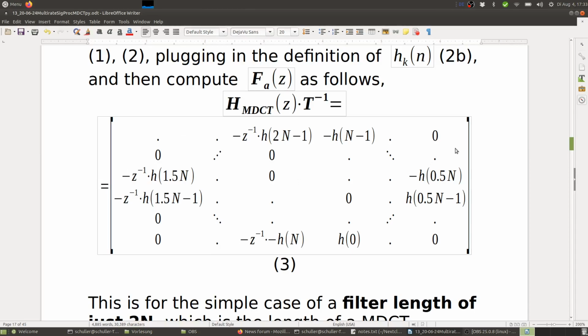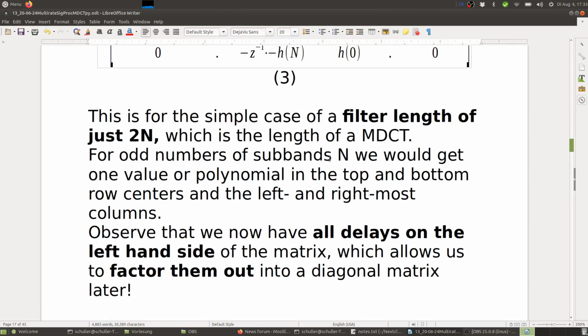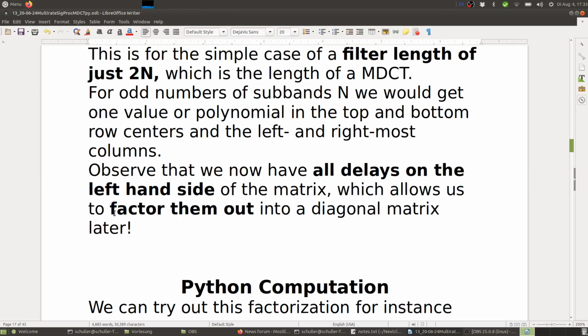Right? We just have a diagonal matrix on the right-hand side which has the z to the minus 1 in it, and then we don't need to have them in here. So that's the main advantage. We have all the delays on the left-hand side, which means we can factor them out into a diagonal matrix.